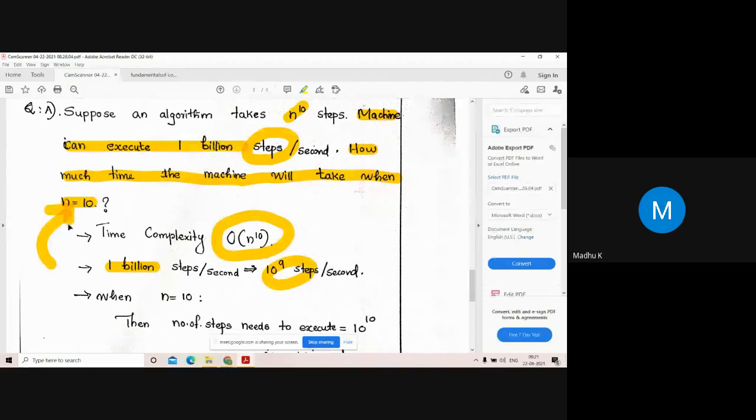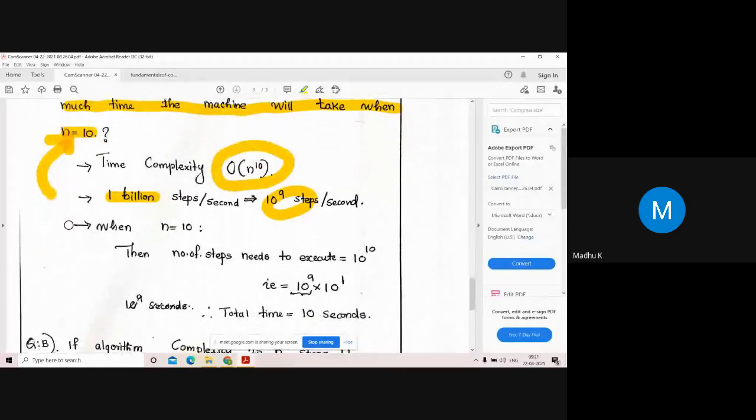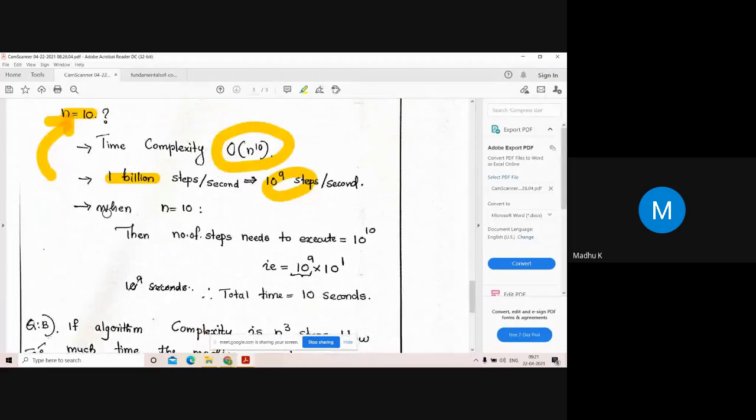When n is equal to 10, the number of steps to execute is 10 raised to 10. The complexity of your algorithm is n raised to 10, so if n is 10, it will be 10 raised to 10.